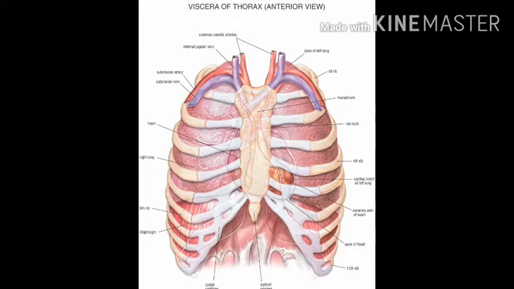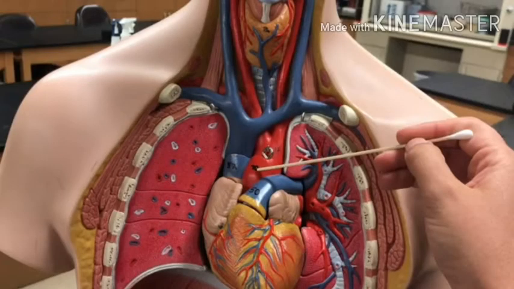In the process of inspiration or inhalation, the following steps are involved. First of all, there are 12 pairs of ribs in the rib cage of the human chest cavity. The external muscles attached to these ribs contract when this process starts.